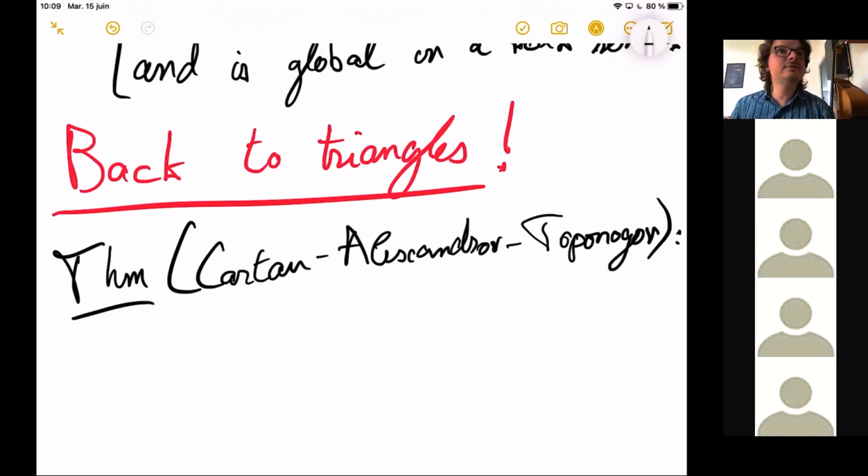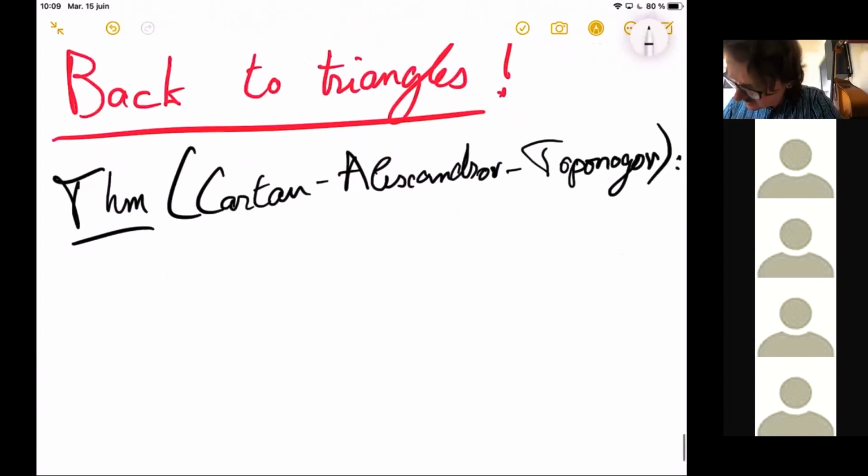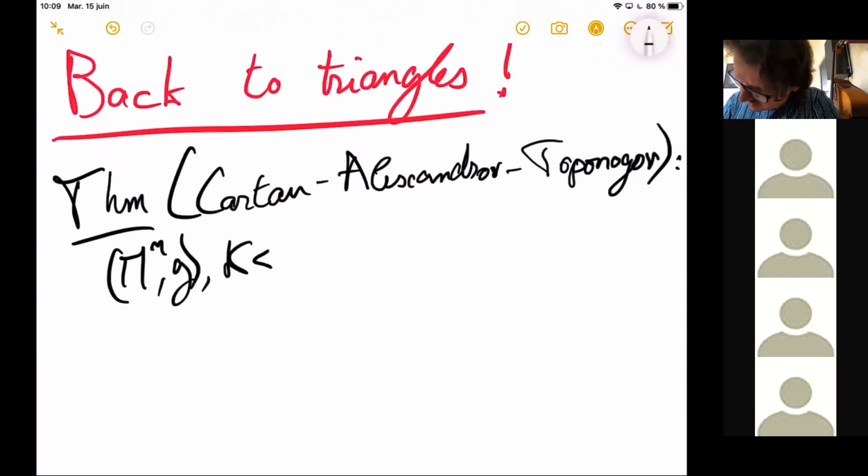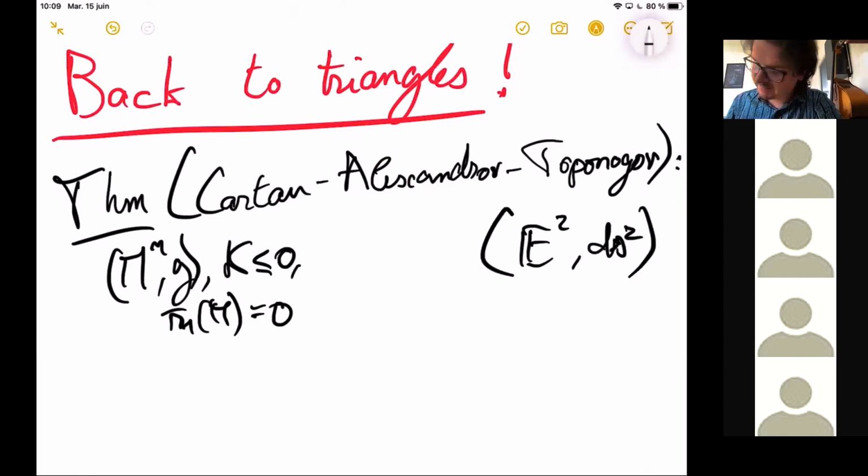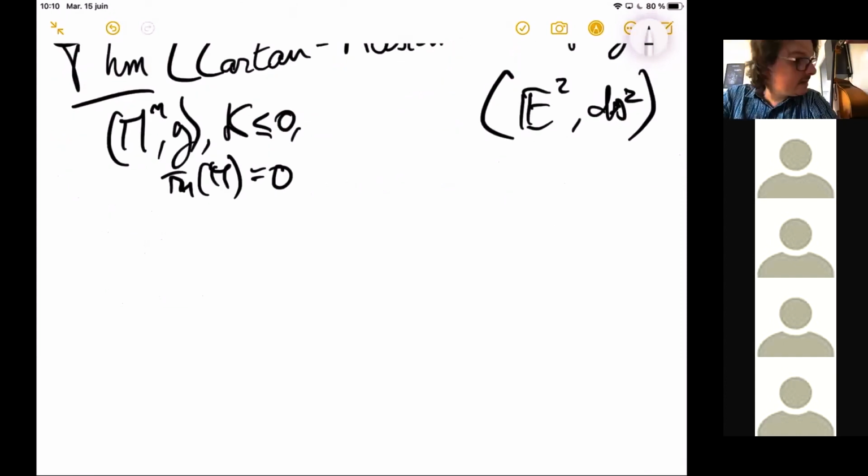So let's go back to triangles. So M, g simply connected, and E2 with the Euclidean metric. And then we will do the following.